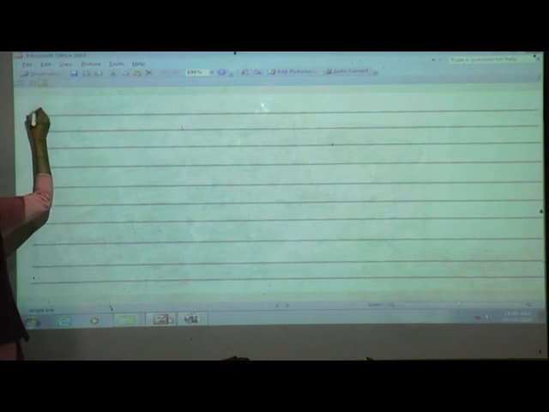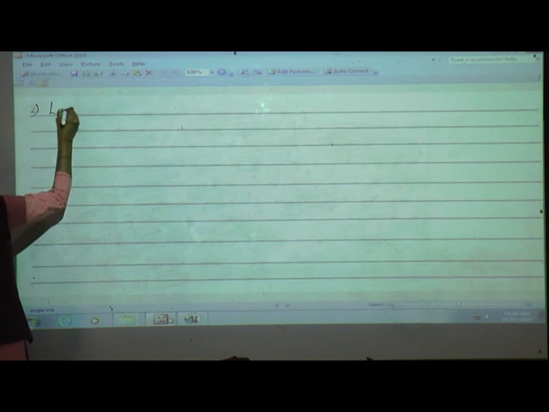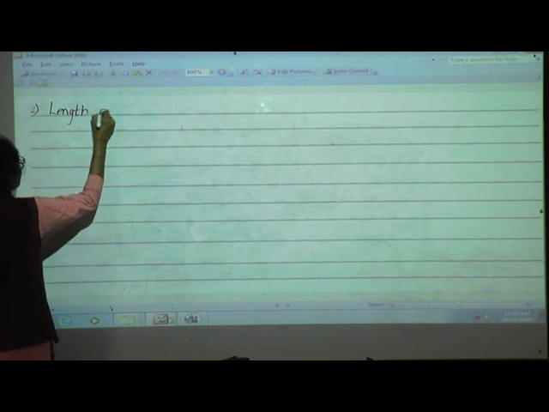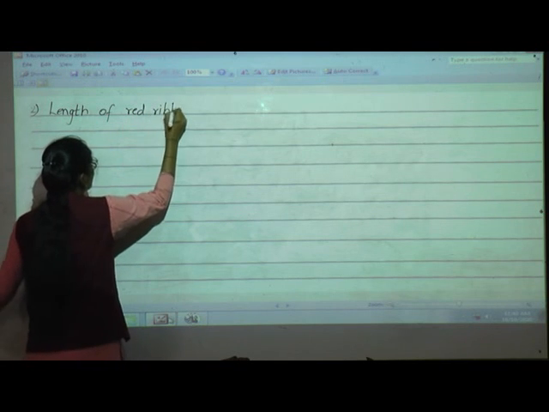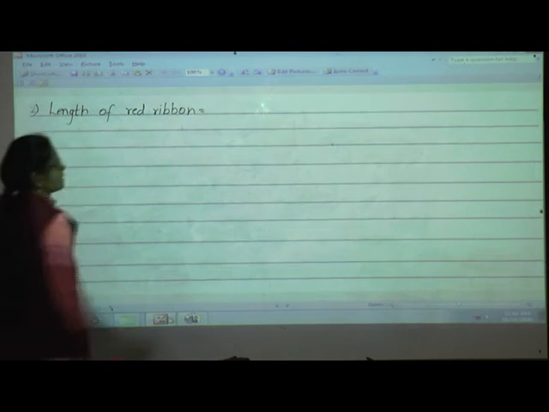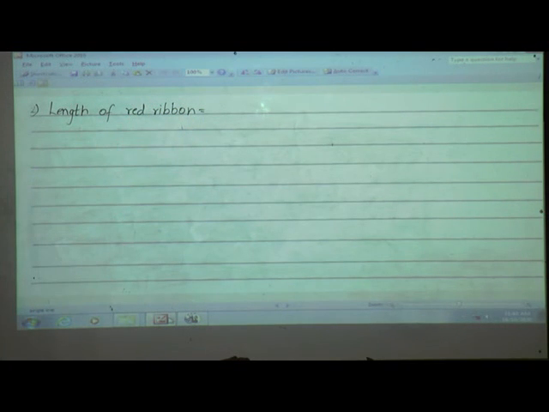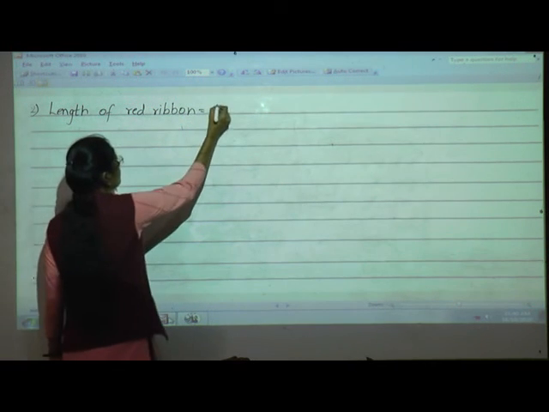First we will write the length of red ribbon. What was the length of red ribbon? Yes, 6 meter and 50 centimeter.